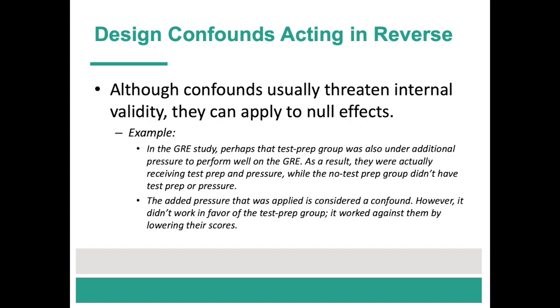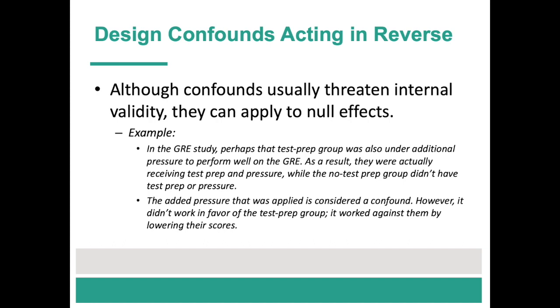So although confounds usually threaten internal validity, they can also apply to null effects. So consider this example. In the GRE study, perhaps that test prep group was also under additional pressure to perform well on the GRE. As a result, they were actually receiving test prep and pressure, while the no test prep group didn't have test prep or pressure.